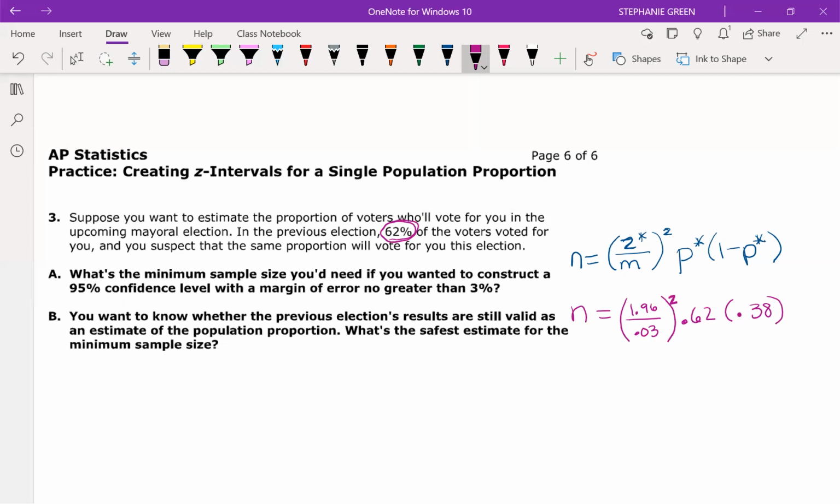Okay, so go ahead and start simplifying that. Starting in your parentheses, that fraction, 1.96 divided by 0.03 is 65.333 repeating. I'll go ahead and square that right away to get 4,268.444 repeating.